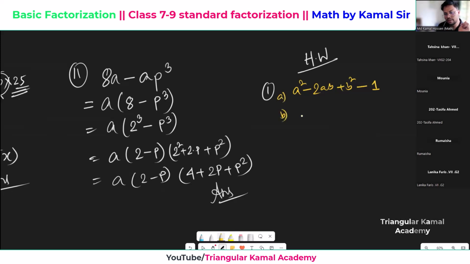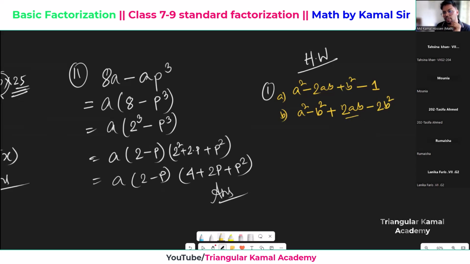A square minus a square minus b square, a square minus b square plus b square, a square minus b square, twice ab, twice ab minus twice b square.